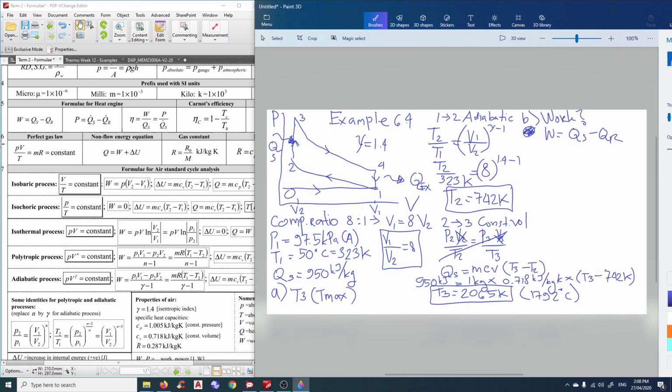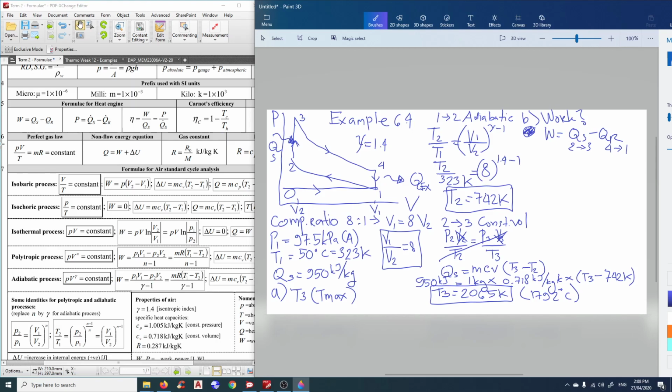Now we know Q supply is from 2 to 3. Q reject is from 4 to 1. So 2 to 3 is constant volume, and 4 to 1 is also constant volume.